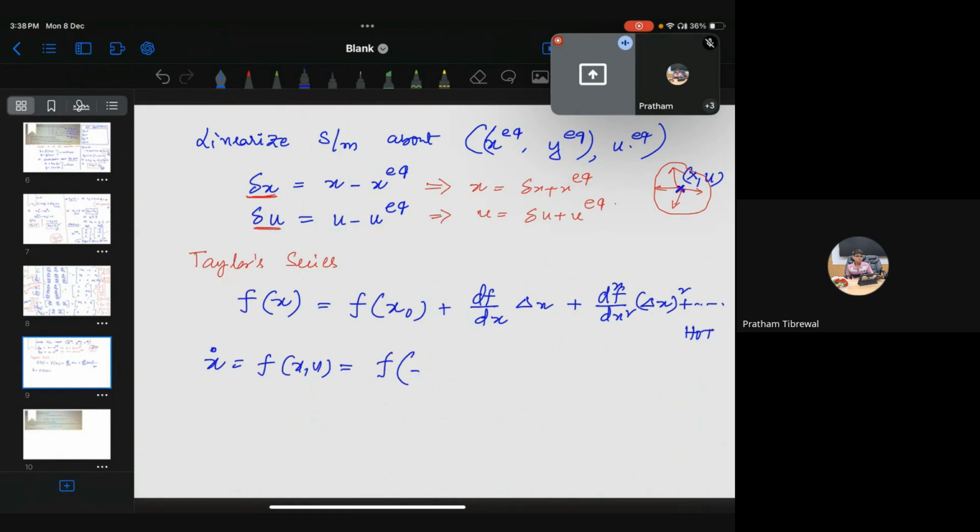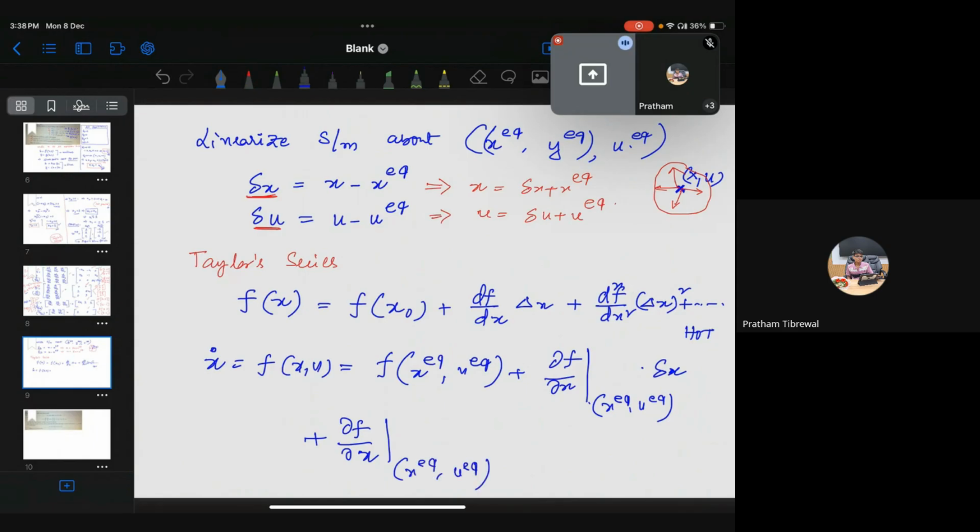You'll have f of x equilibrium, u equilibrium, plus dou f by dou x evaluated at x equilibrium, u equilibrium, multiplied by delta x, plus dou f by dou u evaluated at x equilibrium, u equilibrium, multiplied by delta u, and so on, higher order terms. Is this clear?